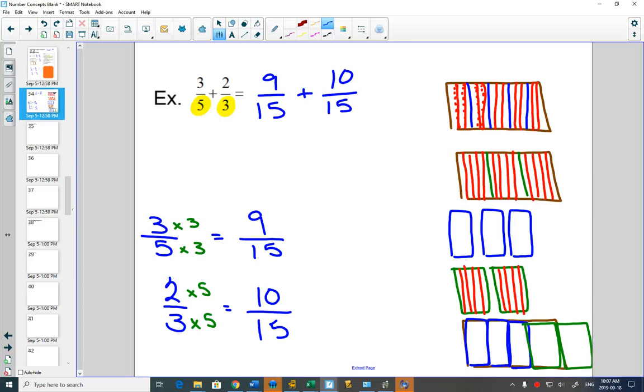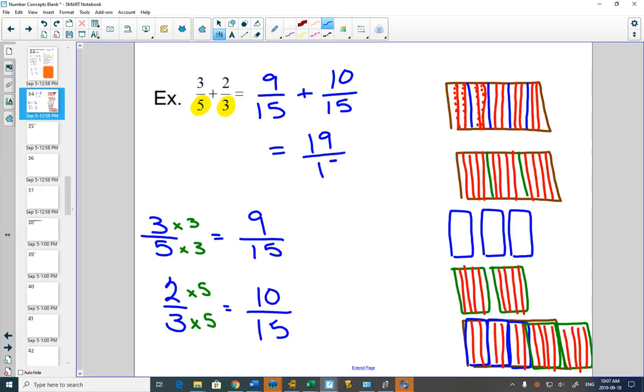And now these ones are split into 3s, 1, 2, 3, 1, 2, 3, 1, 2, 3, making 9 pieces. And these ones are split into 5, 1, 2, 3, 4, 5, 1, 2, 3, 4, 5 pieces. I have 9 pieces here, 10 pieces there. How many pieces do I have in total? I have 19 pieces in total.